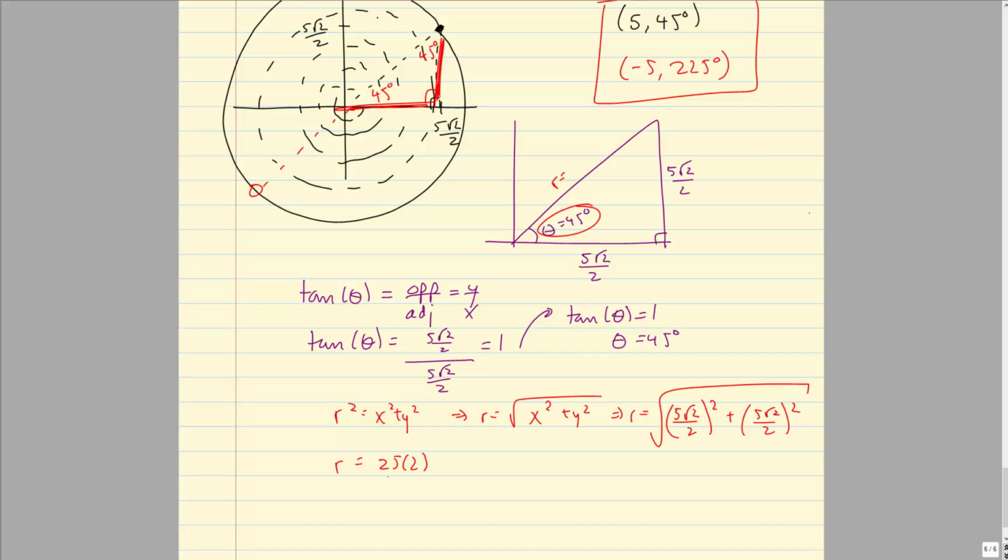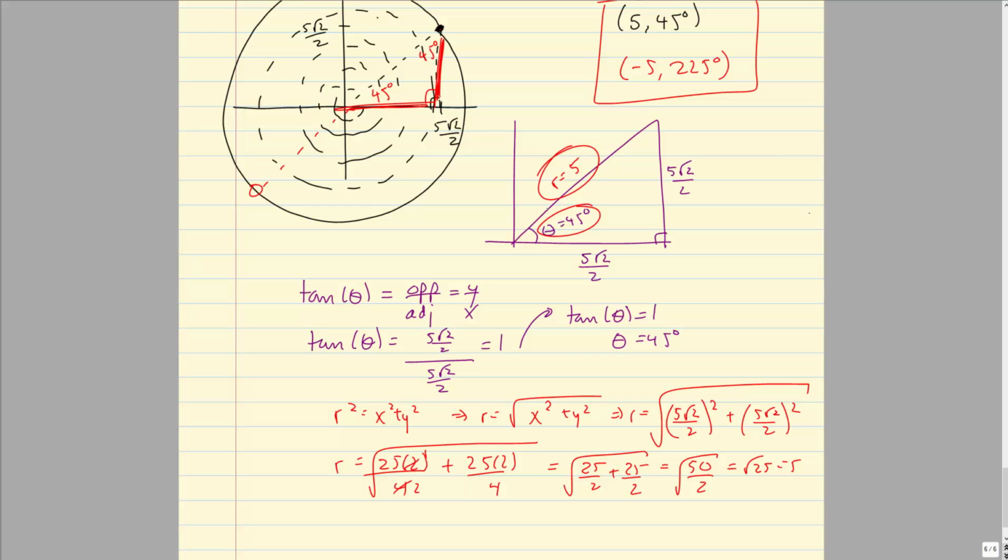So I have 25 times 2 over 4 plus 25 times 2 over 4. So 25 times 2 is 50. I guess the 2 would cancel into the 4. So this would be 25 halves plus 25 halves, square rooted. This would be 50 over 2, the square root of 25, which is 5. So I get r equals 5 here. So that's another way I could have come up with r equals 5. And that's the way you're probably going to have to use it normally.